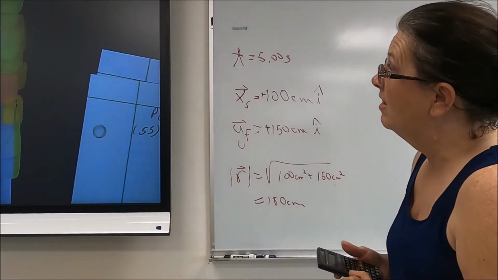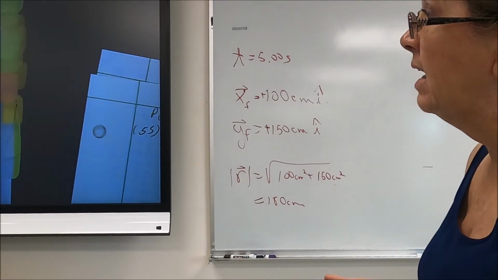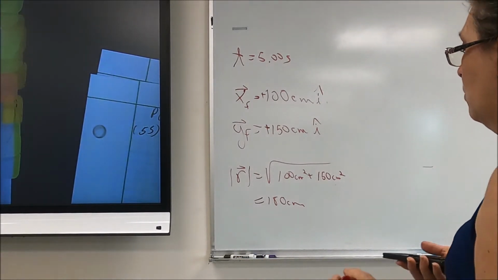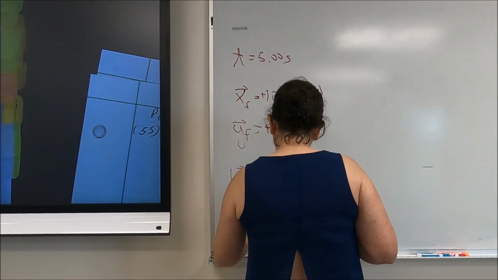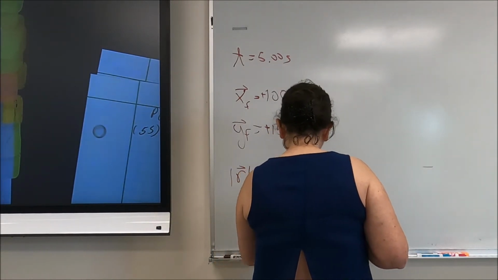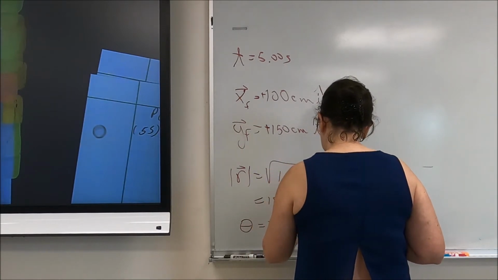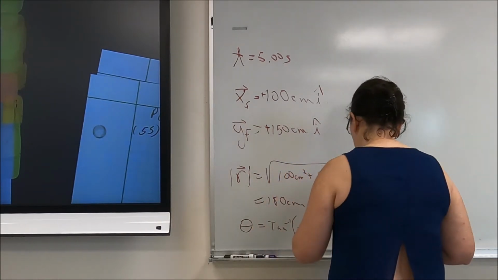Now, it just asked us how far from the starting point we were. But if we also wanted to get the angle theta, it would be the inverse tangent of 150 divided by 100.